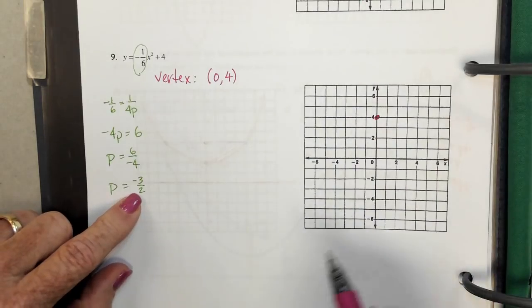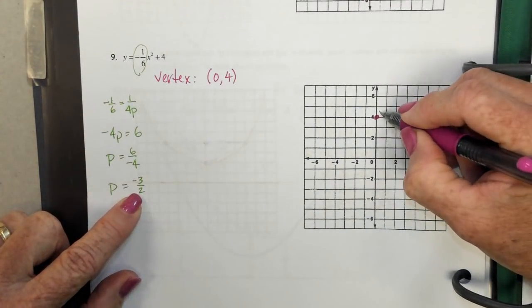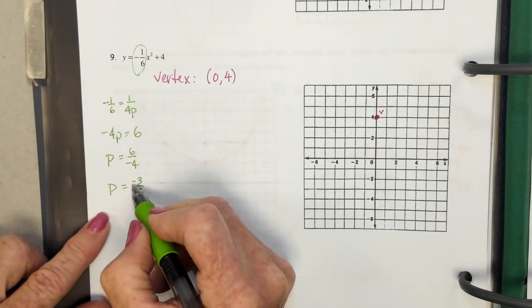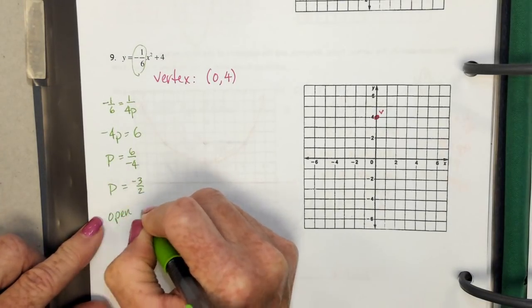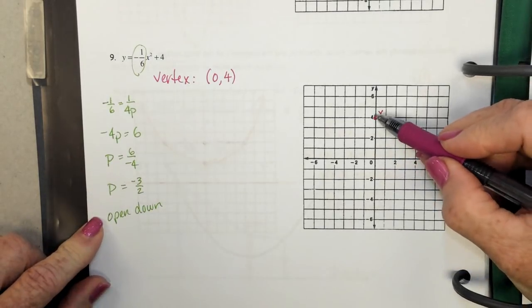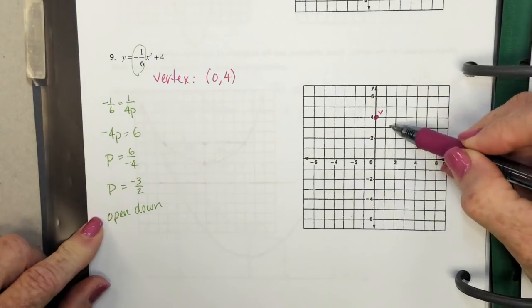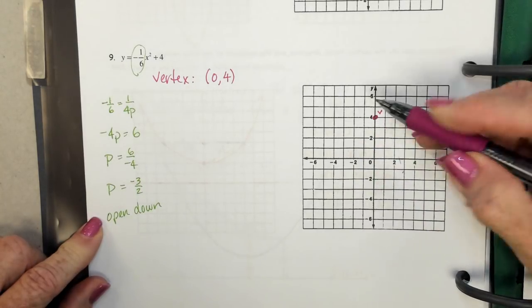Okay, that's the distance from the vertex to the focus. Oh, one more thing. P is negative this time, so this is going to open down. So we know this parabola is doing something like this. We're just not exactly sure how wide it's supposed to be.